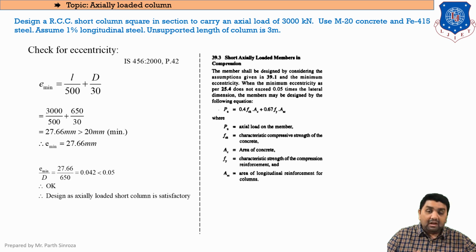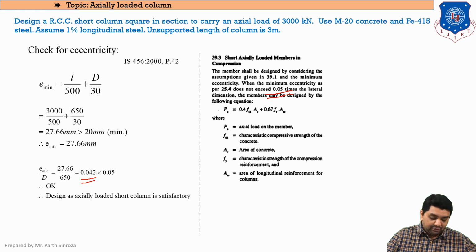So after this check, we will be doing a final check, whether we have provided the dimensions perfectly or not. For that we will be using this check, that minimum eccentricity should not exceed 0.05 D, and from this we will be finding the value. So E minimum by D: E minimum was 27.66 which we just obtained, and D was 650, and this value comes out to be 0.042, and as per our code it should not exceed 0.05.